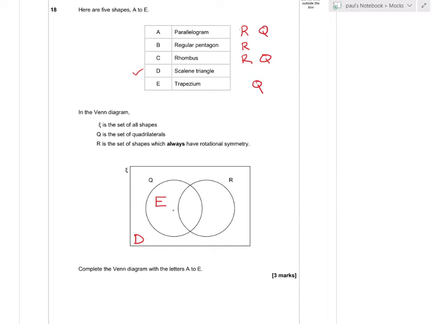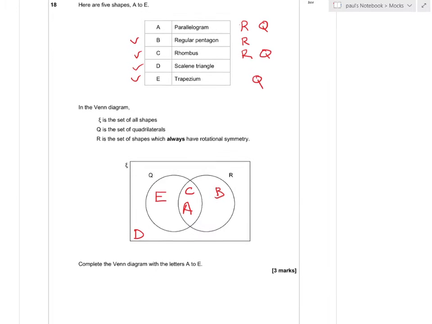Don't know. That's that one. The rhombus is both. So the rhombus C goes in the middle. The regular pentagon B has rotational, but it's not a quadrilateral, so that will go in there. And A, the parallelogram, has both, so that goes in there as well. Complete the Venn diagram. I've done that.